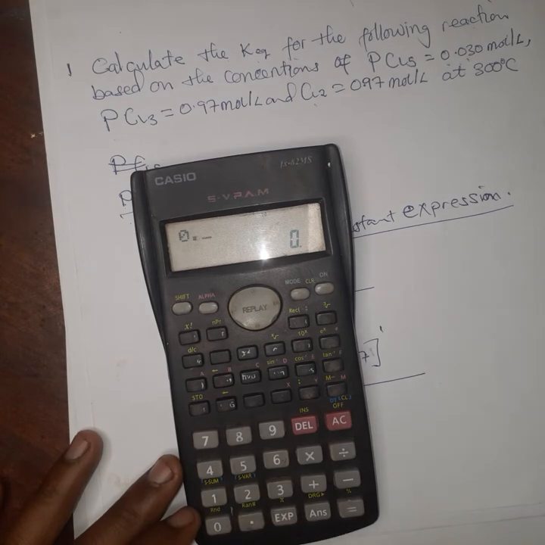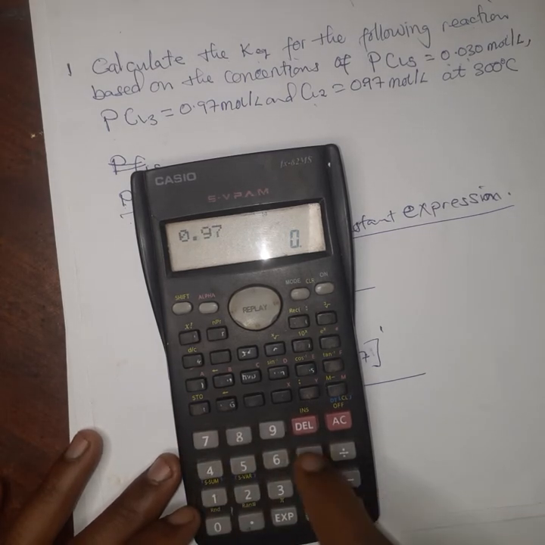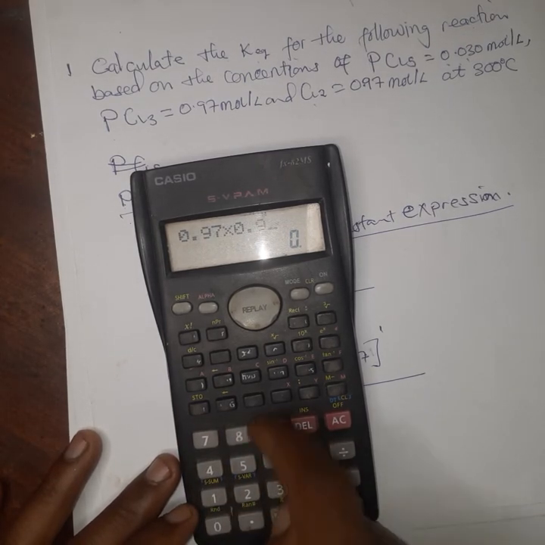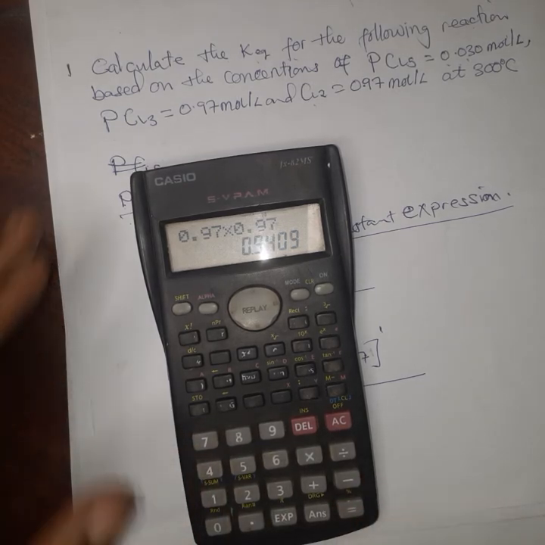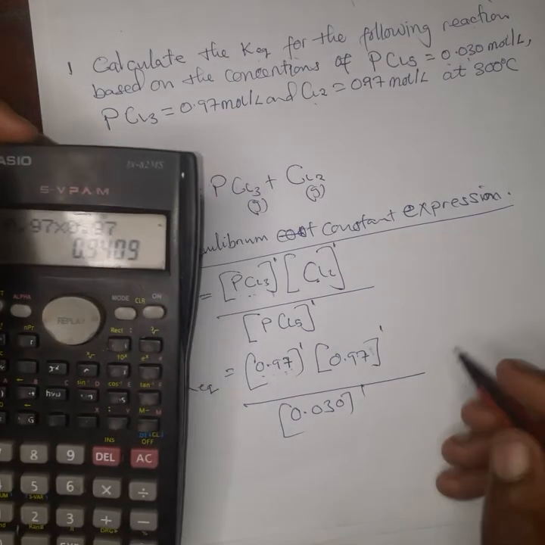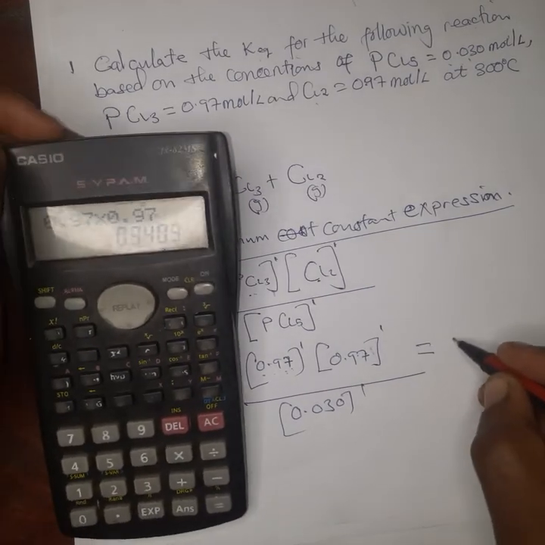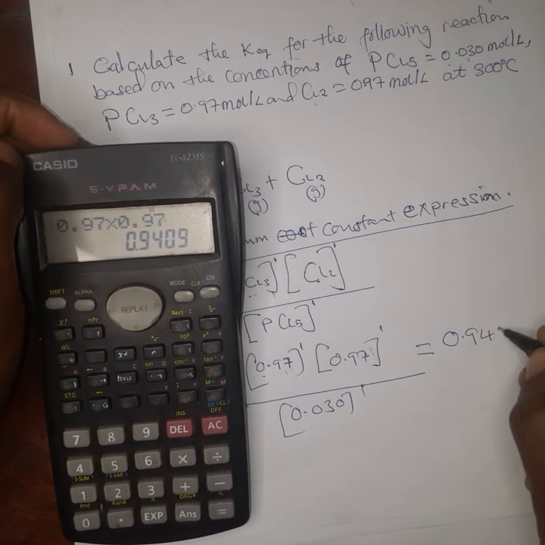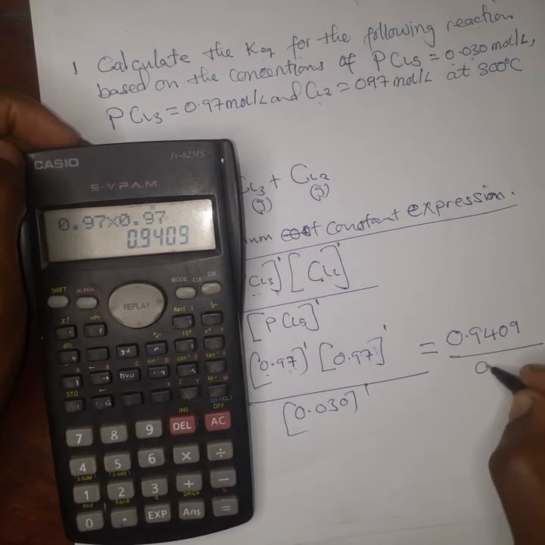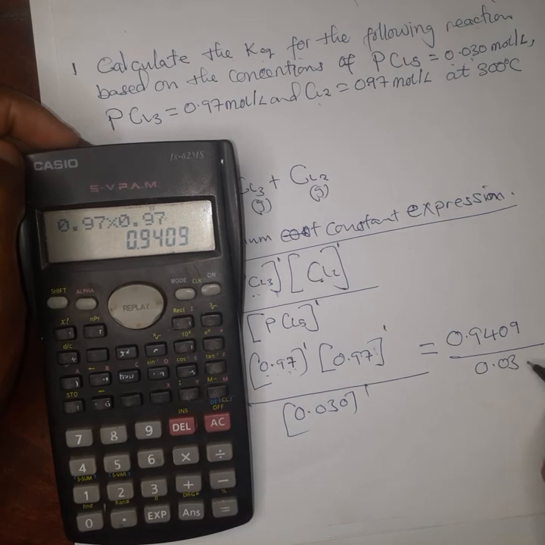So 0.97 times 0.97, we will have 0.9409 over 0.030.